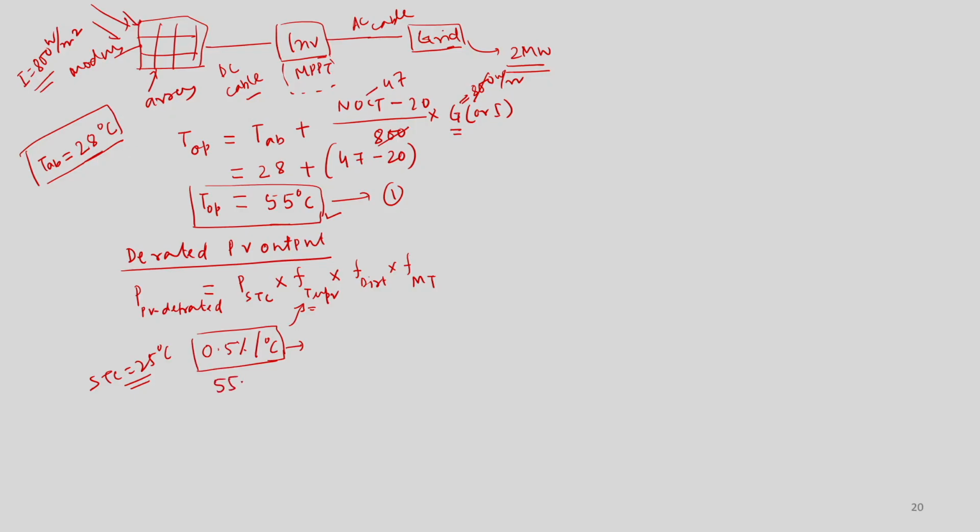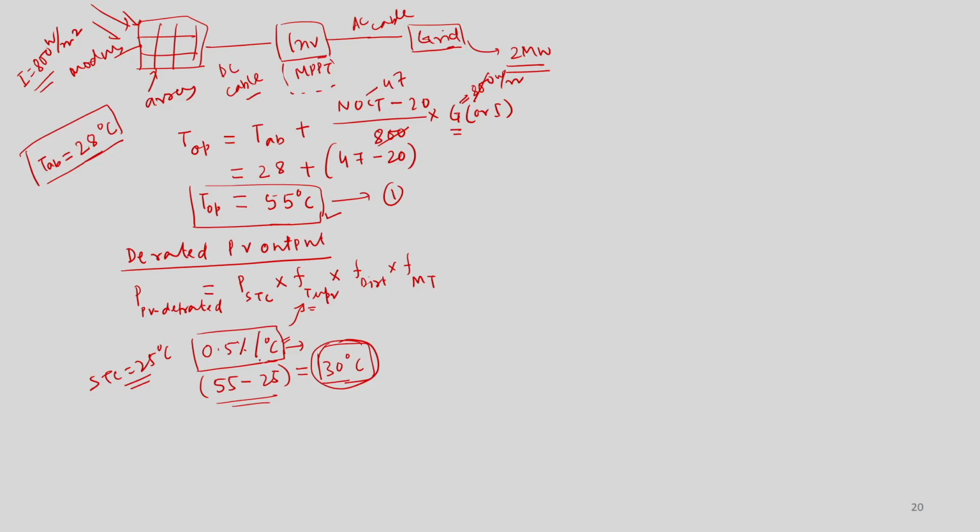So, 55 minus 25 will be 30 degree C. If we operate at 25 degree C, there is no decrease in performance of the PV modules. Since it is more than 25, this rise in temperature needs to be considered.